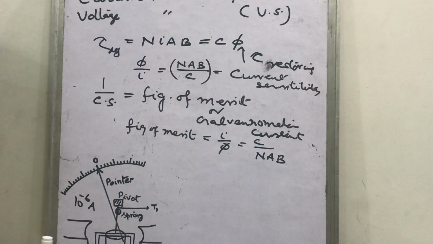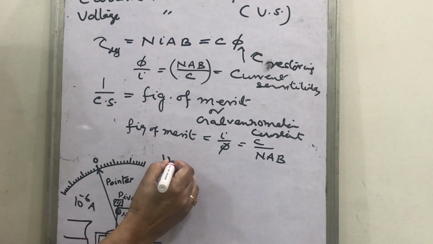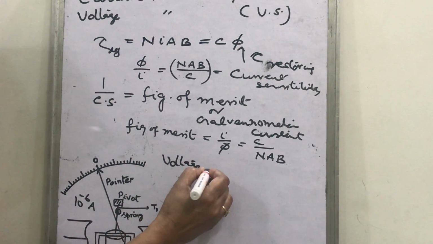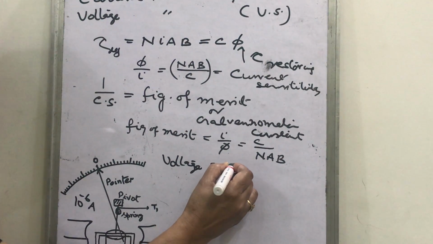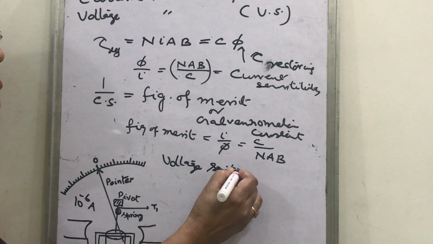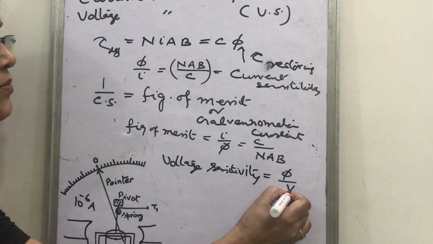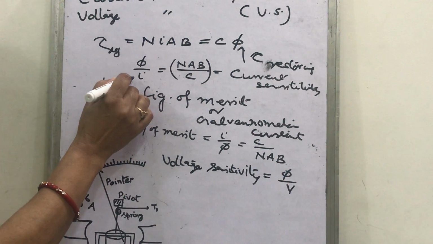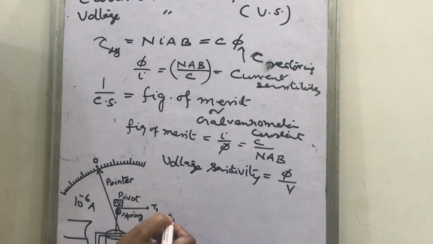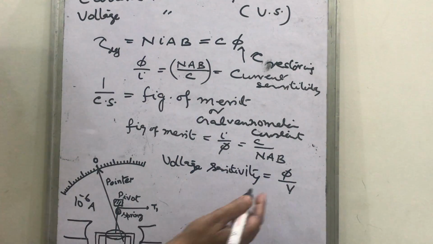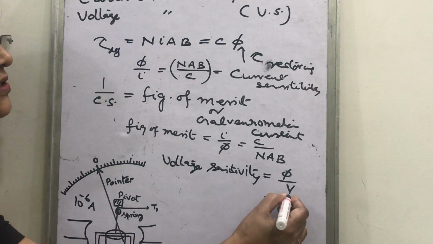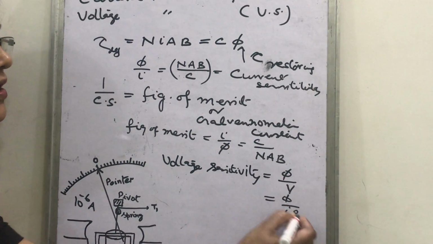Now regarding voltage sensitivity: voltage sensitivity is defined as phi upon V, because current sensitivity is phi upon I, and voltage sensitivity is phi upon V. What can you write? V equal to IR. So you can write this as phi upon IR.